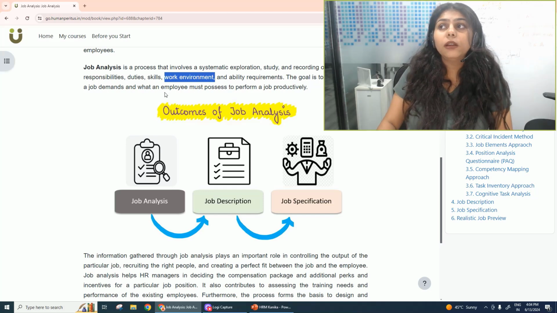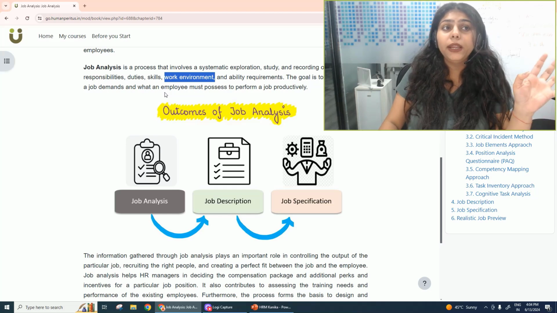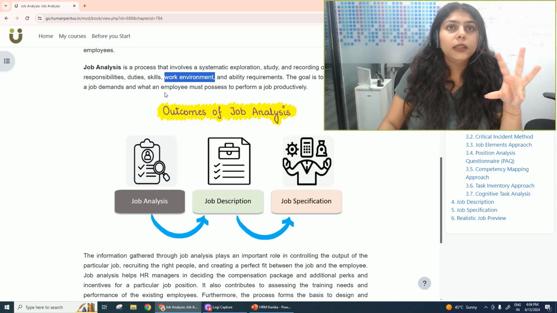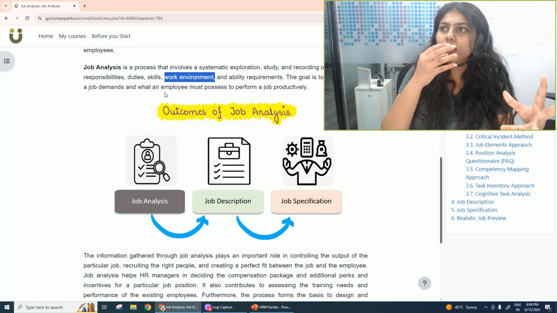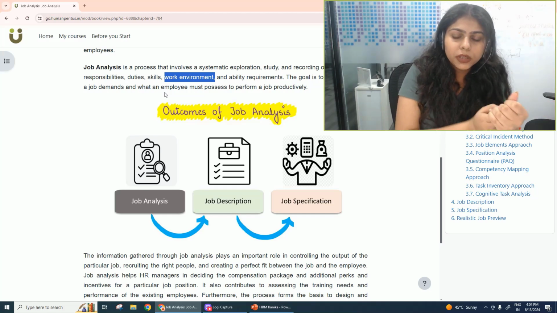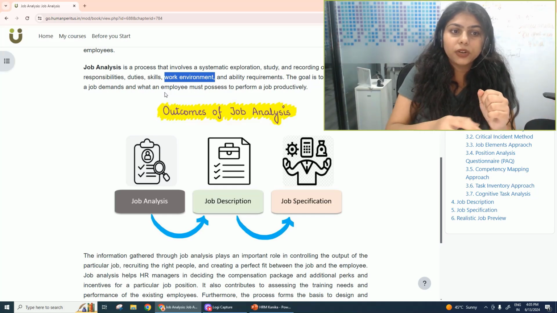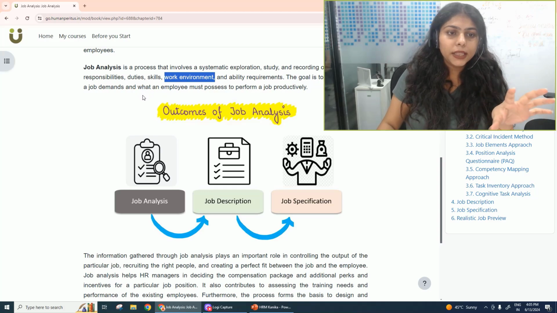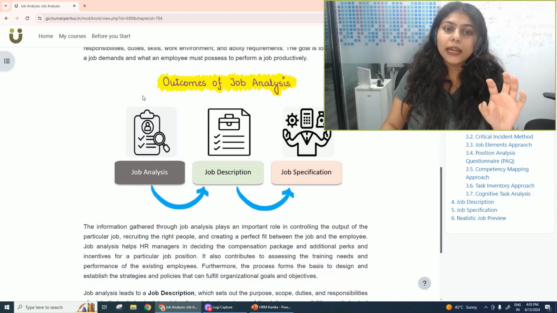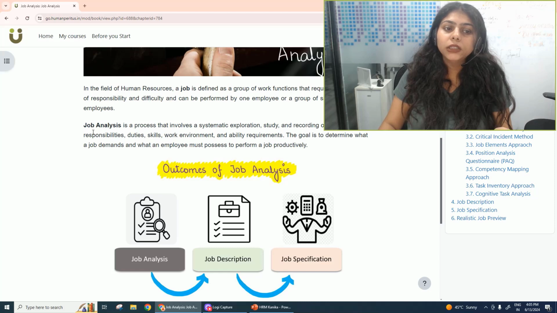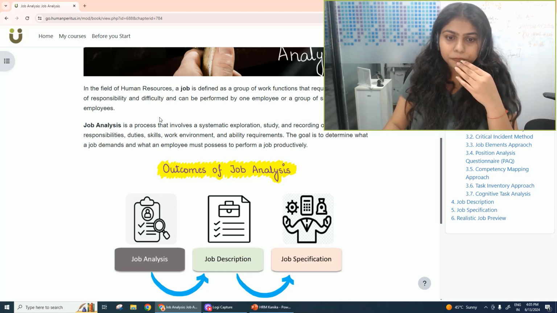Will it be an outdoor job? Will it be an indoor job? Will the work environment have higher temperatures, or would it have moderate temperatures? All of that is listed and done via job analysis.